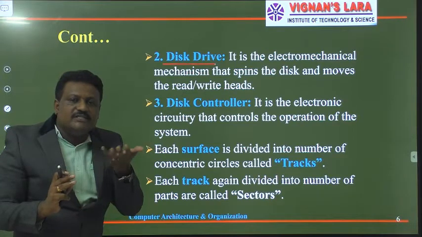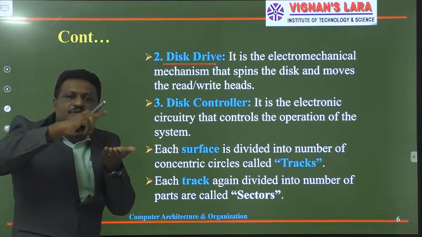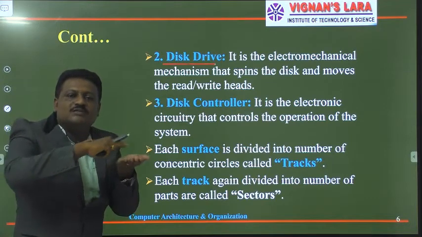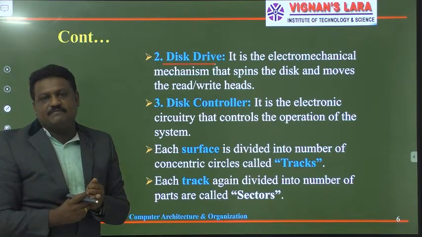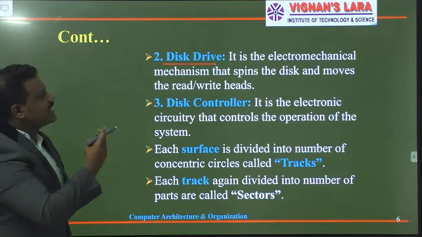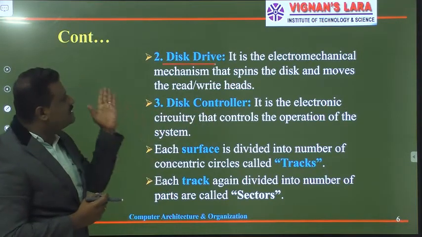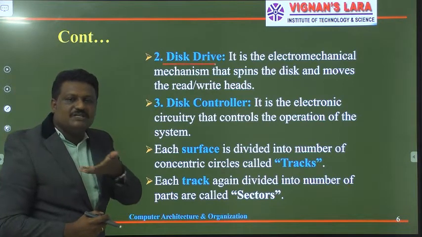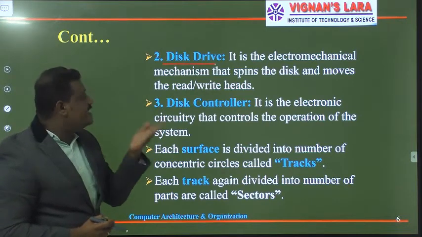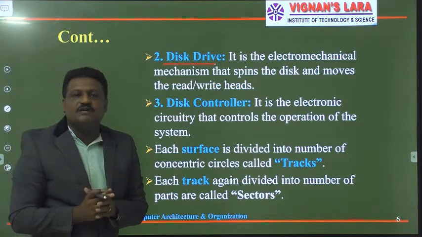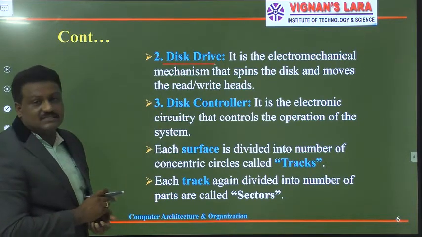In that, your disks are rotating beneath your head. This head can move anywhere over the surface of your disk. So the second part is a disk drive. It is the electromechanical mechanism that spins, that means rotates, the disk and moves the read-write heads over the surface of your disk itself.